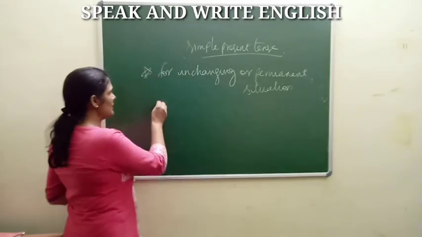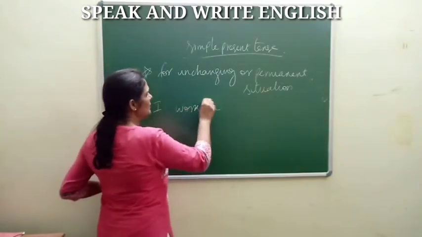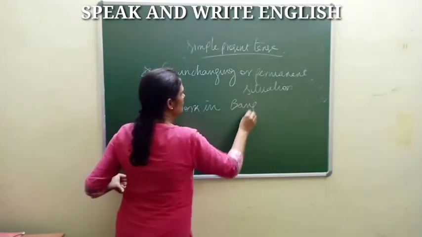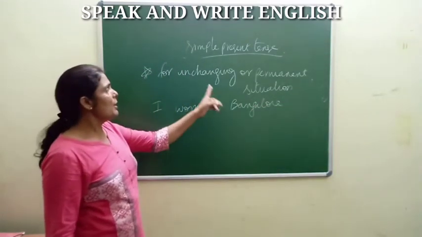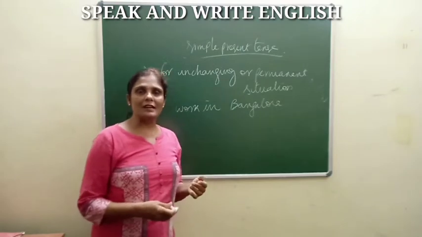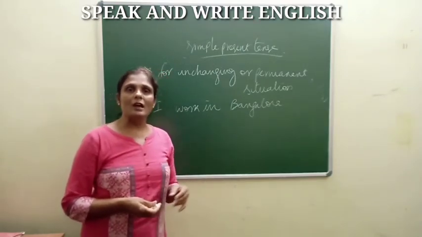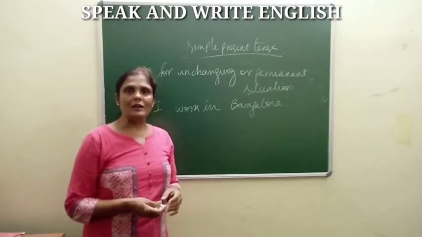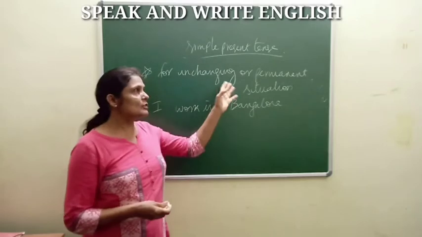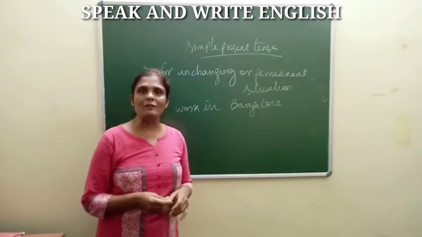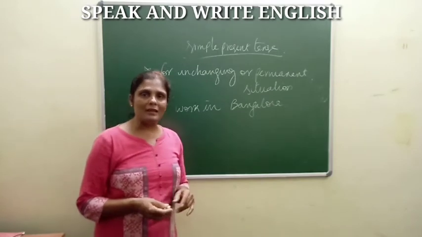For example, I say, I work in Bangalore, because the process of working cannot be changed frequently. So when you start working in a company or anywhere, we tend to work for some years or some months. So the situations will be permanent for a certain period of time. We make use of the simple present tense.